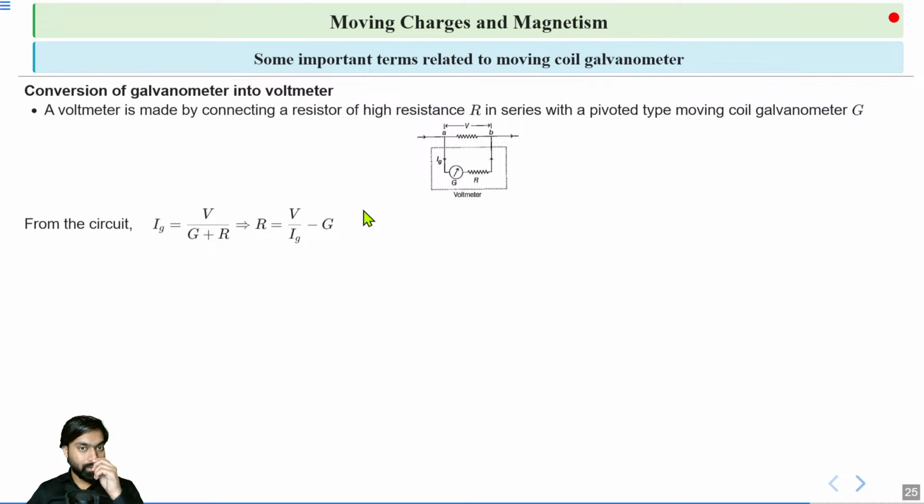From the circuit we can say Ig equals V divided by G plus R. Rearranging this, R equals V divided by Ig, minus G.